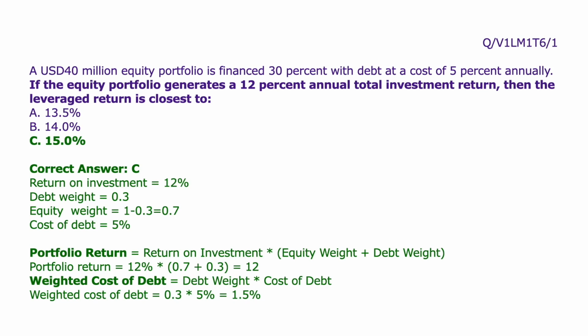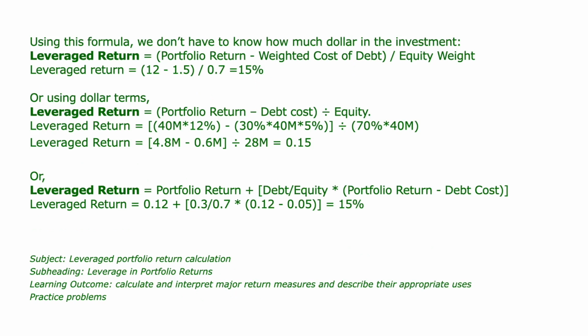We need the leveraged return, the return to equity holders after debt cost. The simplest formula is using the dollar terms. Leveraged return equals portfolio return minus debt cost, divided by equity.